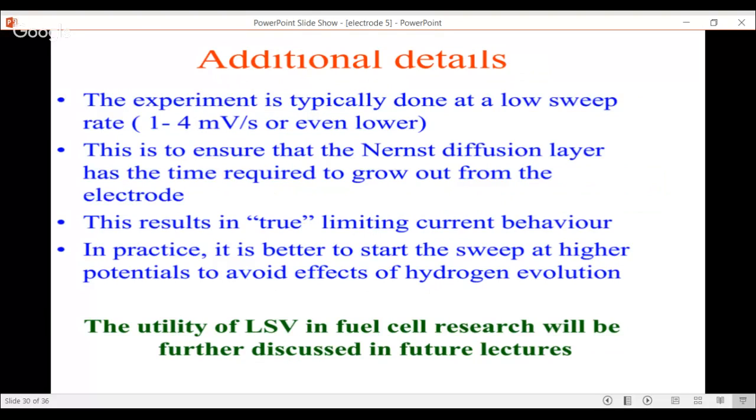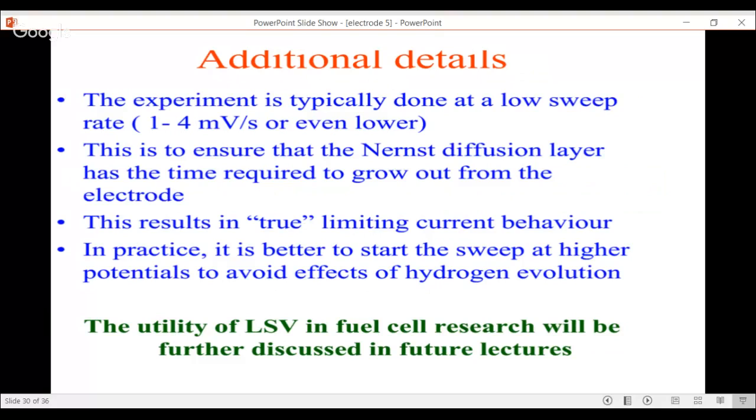Additional details: the experiment is typically done at a low sweep rate. We have already said 1 to 4 millivolts per second or even lower than this, 0.1 millivolt also we will do. But we will take up later the effect of the sweep rate, why we cannot take high sweep rates and other things. We will talk about it when we do cyclic voltammetry and other voltammetry measurements. This is to ensure that the Nernst diffusion layer has the time required to grow out from the electrode.